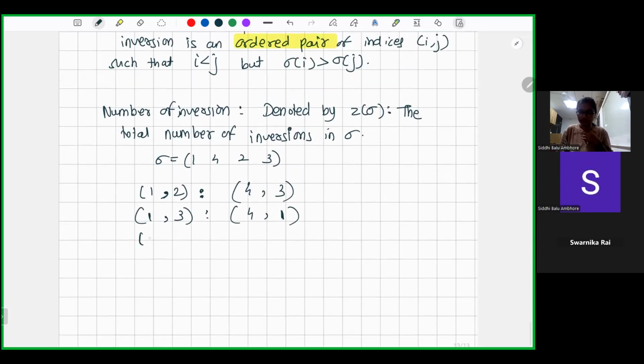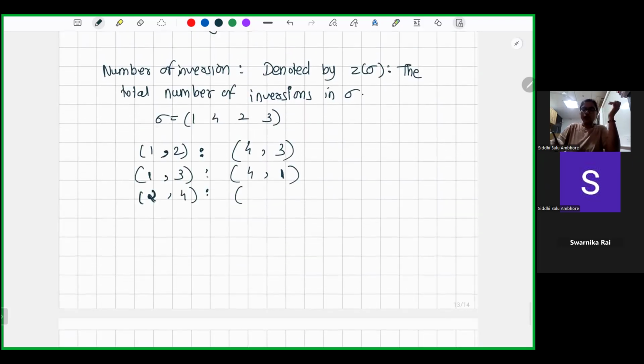But let me take 2 and 4 here. Let us check for ours. 2 is going to 3 here and 4 is going to 2. So again not. So do we have any pair for which this happens?